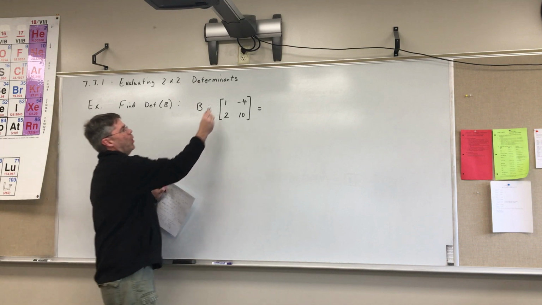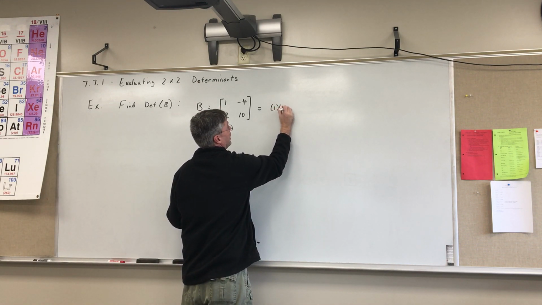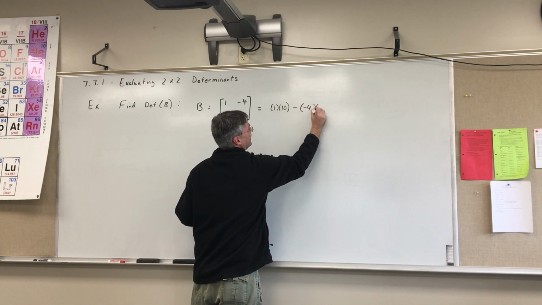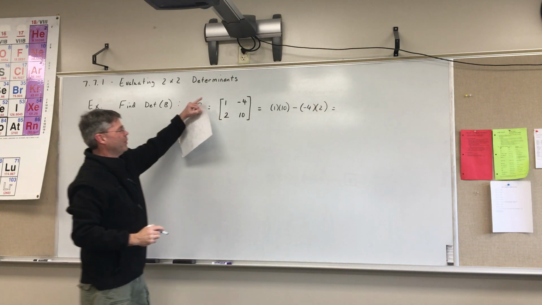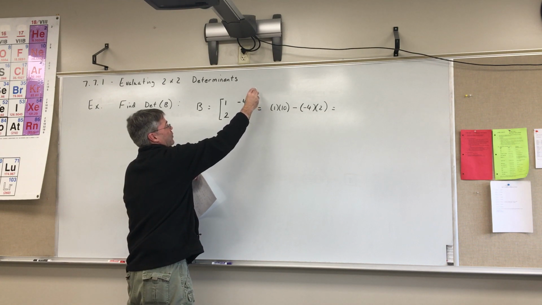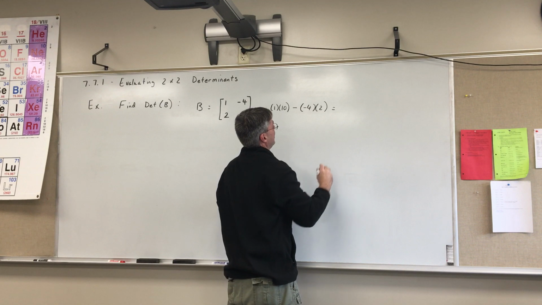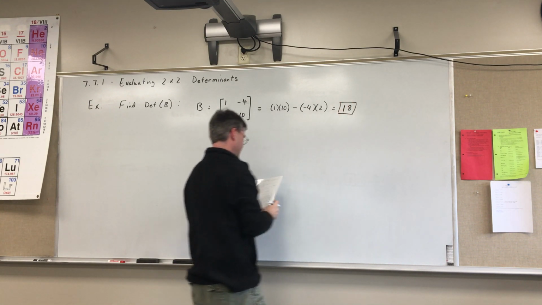It's going to be 1 times 10 minus -4 times 2. So that's the left going from left to right minus the right diagonal, right to left. Okay, so that's going to be 10 plus 8, which is 18.